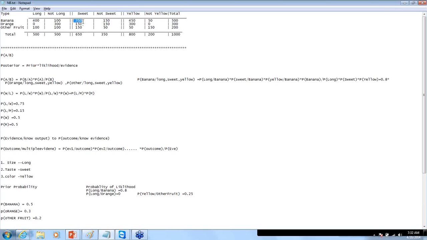So total sweet and banana is 350 out of 500, so it would be around 0.7. Like this, whatever is given, we know everything, that it's yellow and it's a banana. For this one, it will come out from this table.